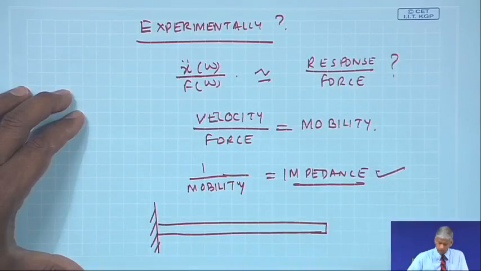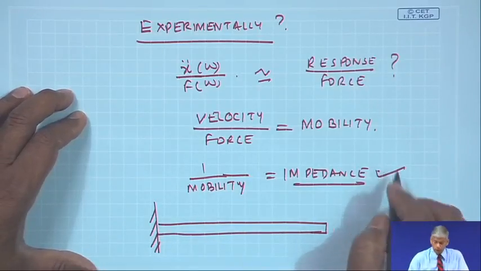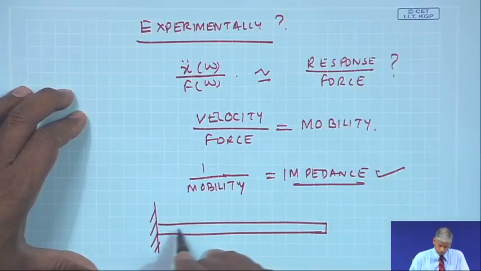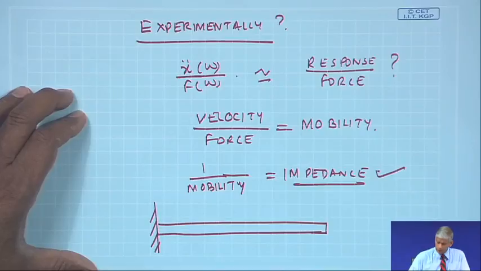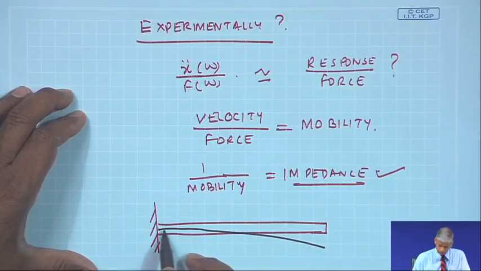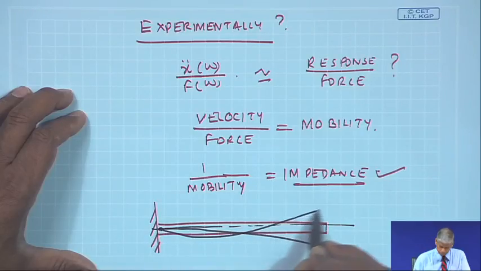if I consider this cantilever beam to be a continuous system with an infinite number of small masses, and if I model them, I will have the first mode something like this, and this is a center line, and the second mode may be like this.